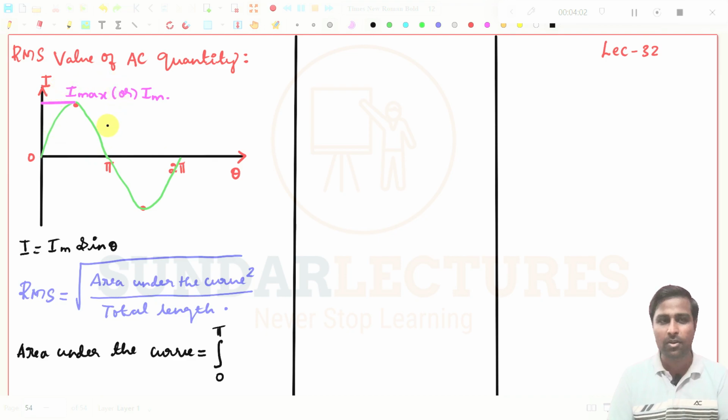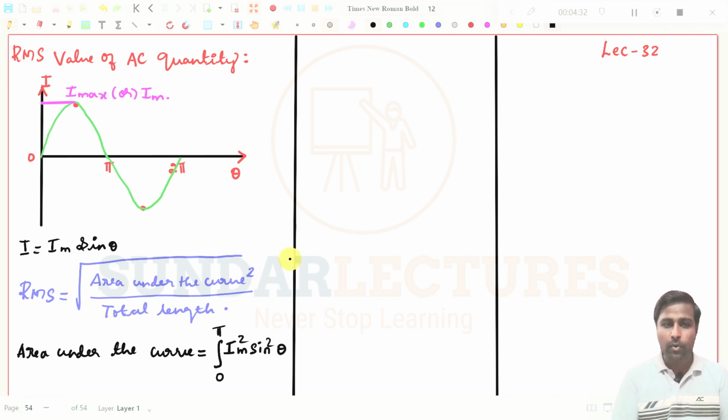It is a positive half cycle, and the same thing will come under the negative half cycle. So if you take the average, it becomes 0. So always take average values from 0 to pi. And under the curve, the value will be Im sin theta. We need to square this term, so it will be Im square sin square theta.